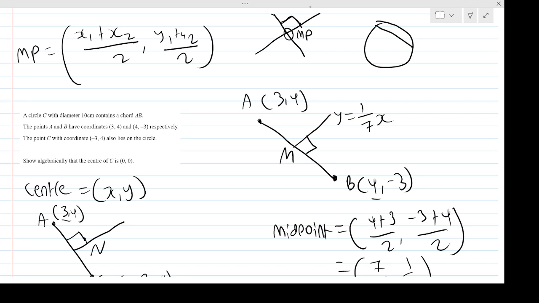And every perpendicular bisector, say of this chord here, must pass through the centre. Therefore, if we had another chord, say here, then the two bisectors pass through the same point at the centre.